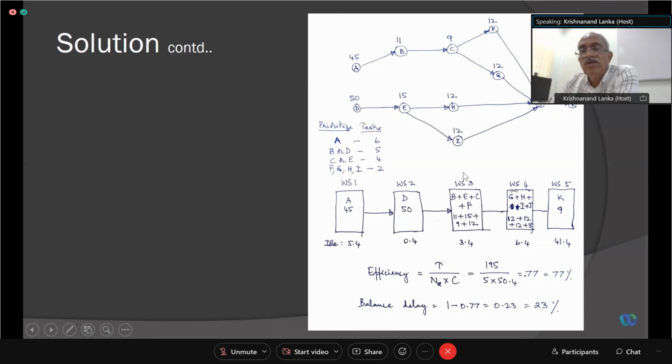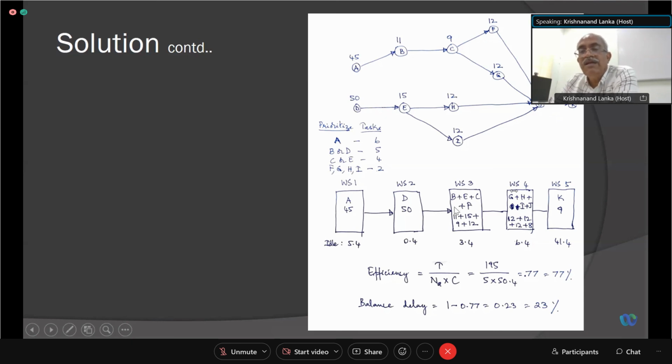Then in workstation 3, we are just seeing, without technological violation, what tasks can be allocated. For workstation 3, we have allocated 4 tasks: B, E, C, and F. Because when we are allocating F, we have seen to it that B and C are also allocated in the same or the previous workstation.